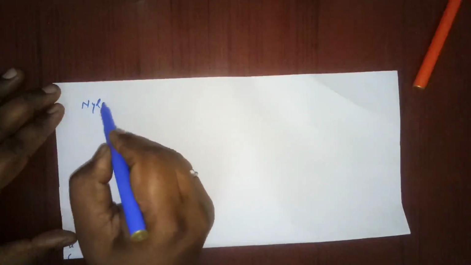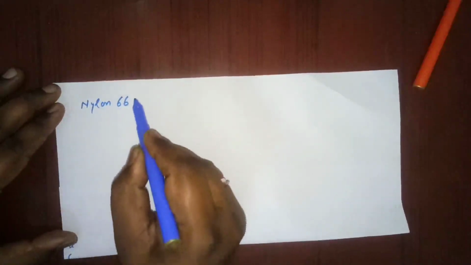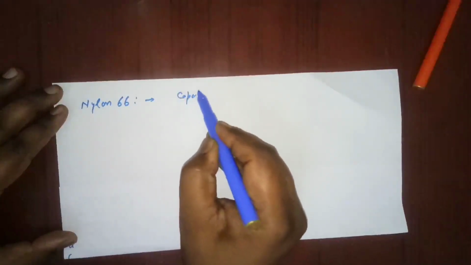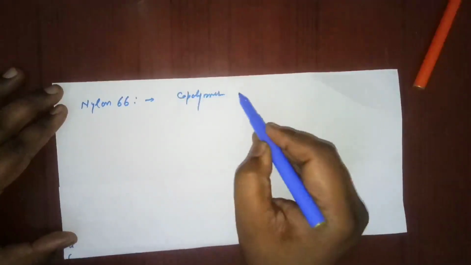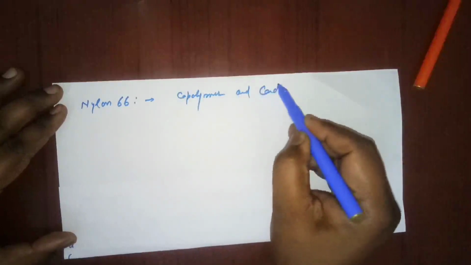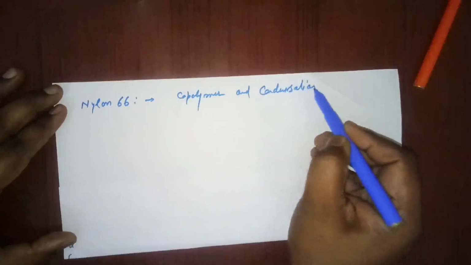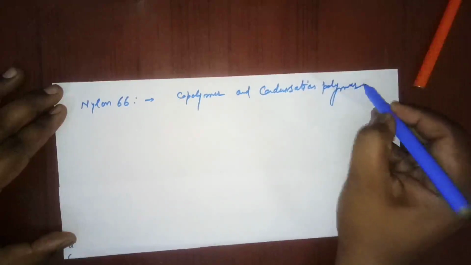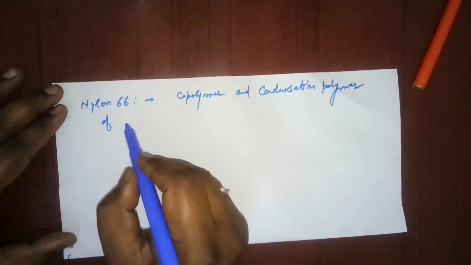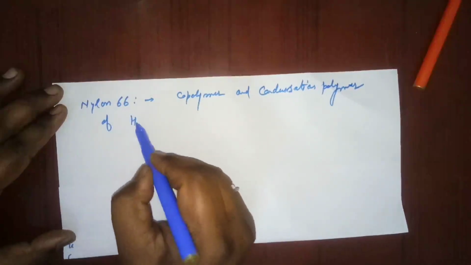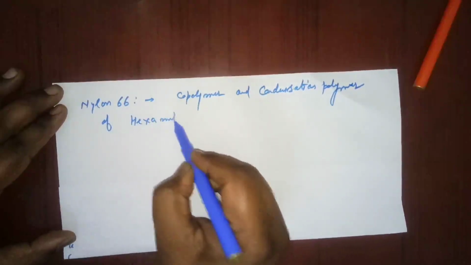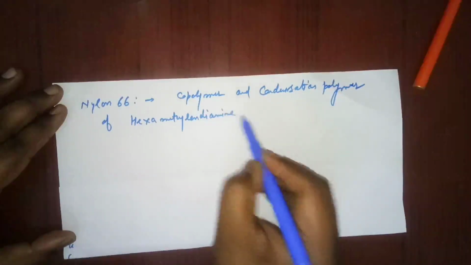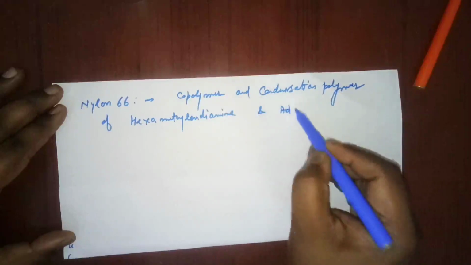Nylon 66. Nylon 66 is a copolymer and condensation polymer of two types of monomer unit, hexamethylene diamine and adipic acid.